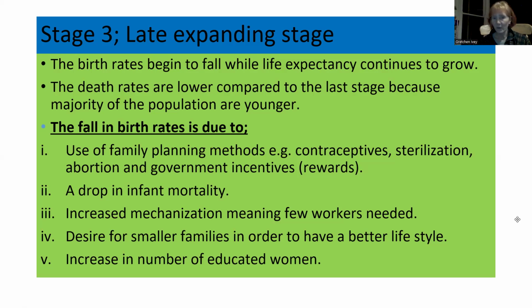Now, the fall in birth rates, again, is due to the use of family planning methods, contraception, sterilization, abortion, and government incentives. A drop in infant mortality, increased mechanization, meaning fewer workers needed, desire for smaller families in order to have a better lifestyle, and an increased number of educated women.